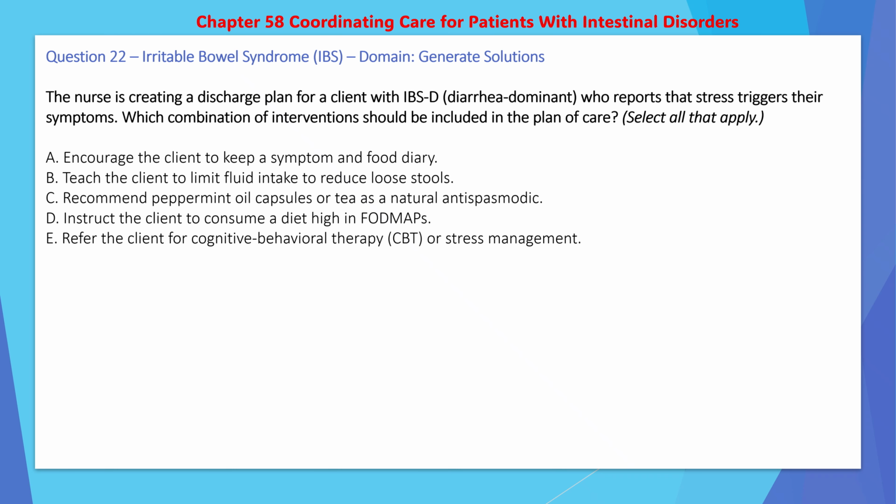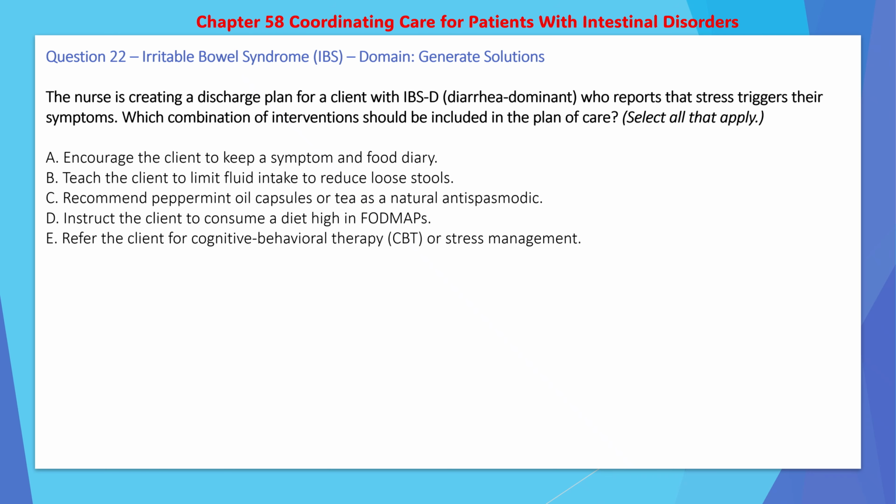Encourage the client to keep a symptom and food diary. Teach the client to limit fluid intake to reduce loose stool. Recommend peppermint oil capsules or tea as a natural antispasmodic. Instruct the client to consume a diet high in FODMAPs. Refer the client for cognitive behavioral therapy, the CBT, or stress management.